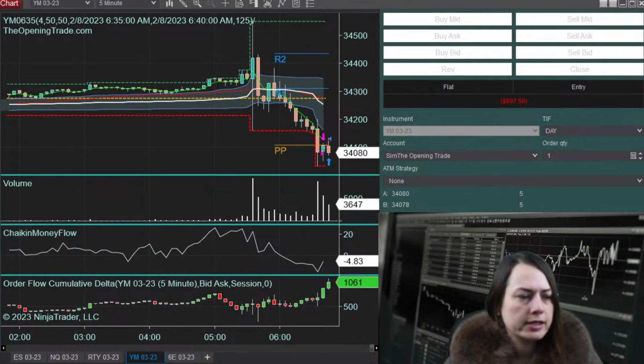At 9:15 Eastern Standard Time, the capacity utilization rate and the industrial production month-over-month reports will be released. At 10 a.m. Eastern Standard Time tomorrow, we will see the business inventories month-over-month and the NAHB Housing Market Index report being released as well.